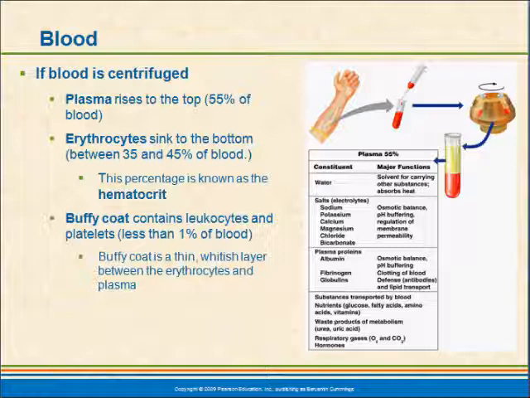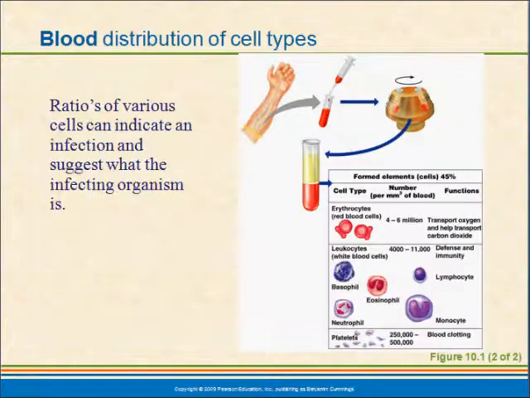Different ratios of the cells can give you an indication of if there's an infection, and suggest what kind of infecting organism there is, and we will talk about some of the different cells that make up this buffy coat, which are the leukocytes, a little bit later on. As I said, that test can be handy for just evaluating the proportion of red blood cells you have.